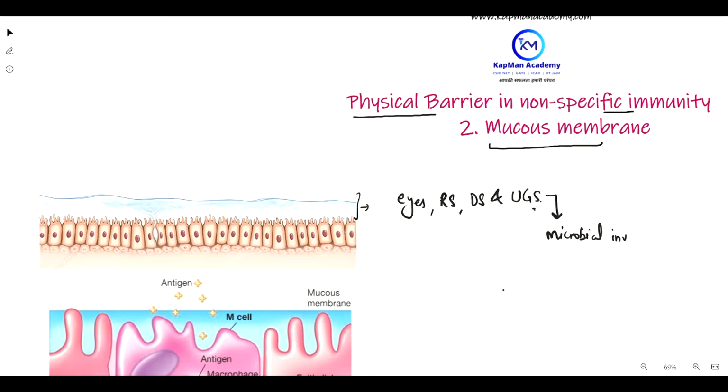Why? Because it has an intact stratified squamous epithelium and various types of mucus secretions. As you can see here in the image, it forms a protective layer surrounding the tissue and resists the penetration of pathogenic microbes by trapping them.